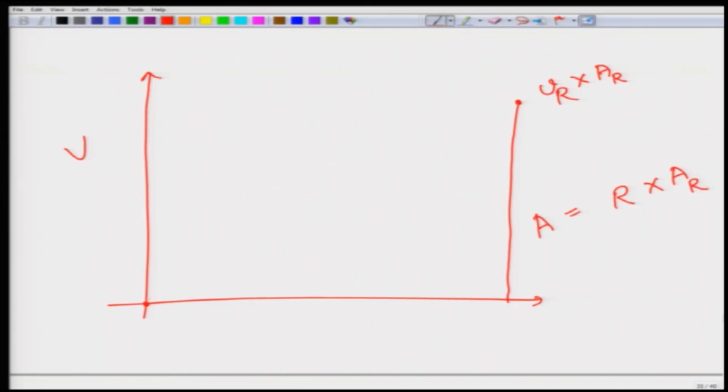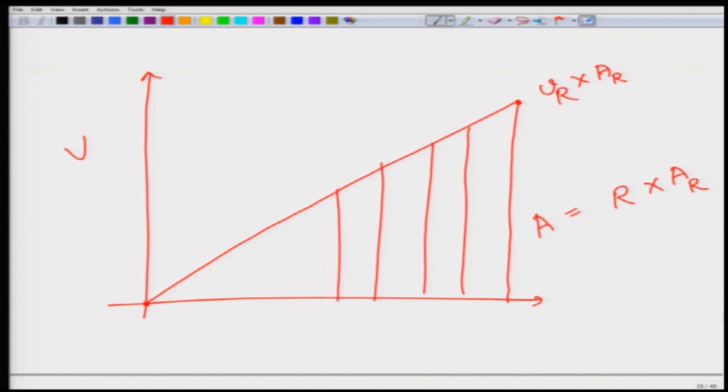Now, you can draw a straight line as an approximation and say that different sections have these different volumes.